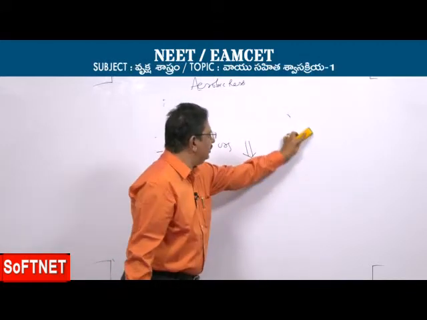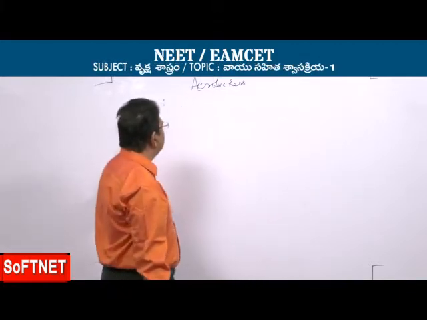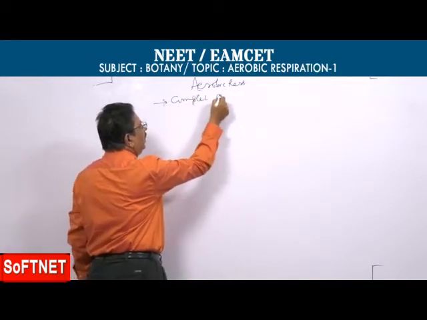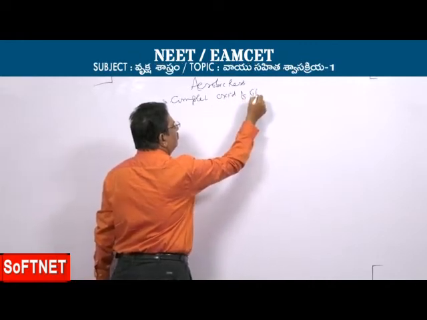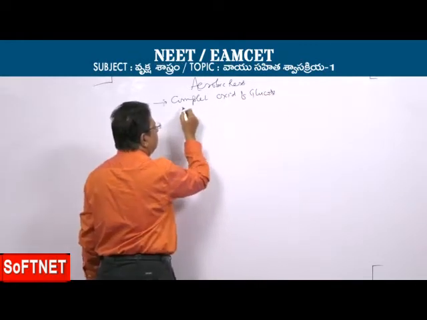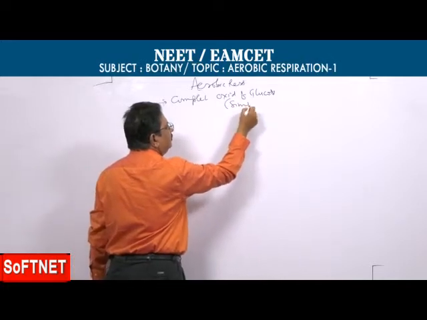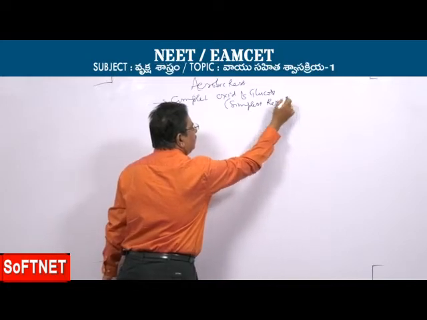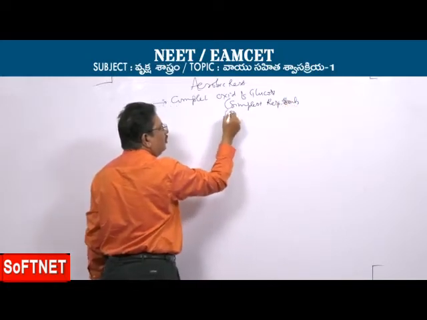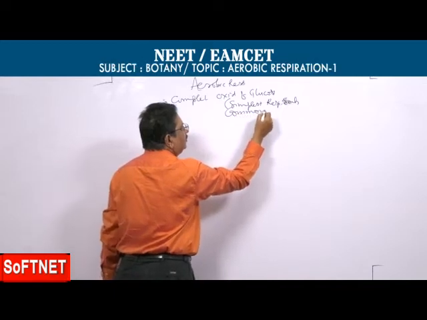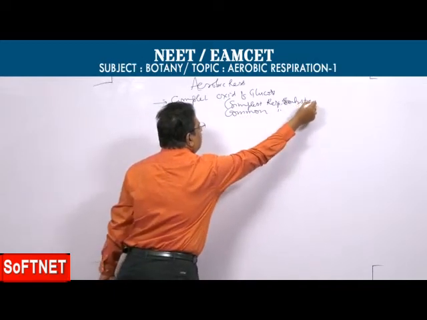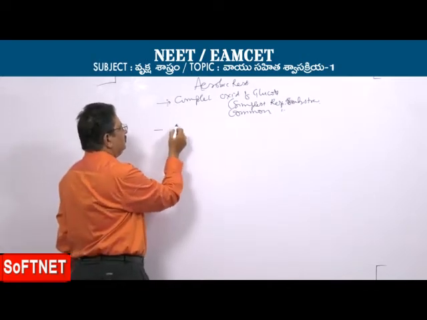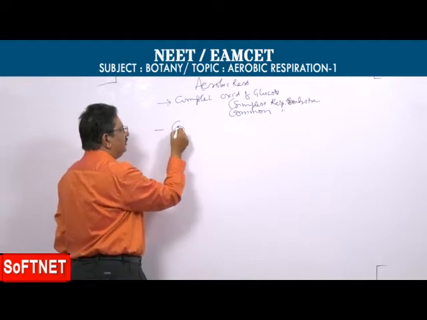And coming to the details of aerobic respiration, in aerobic respiration there is a complete oxidation of glucose, which is a simple respiratory substrate, otherwise the most common type of respiratory substrate. This glucose undergoes oxidation in 6 steps.